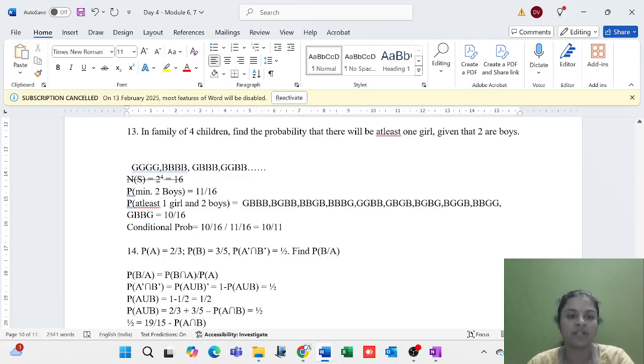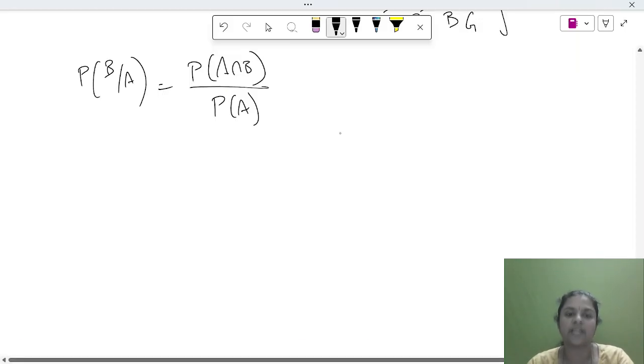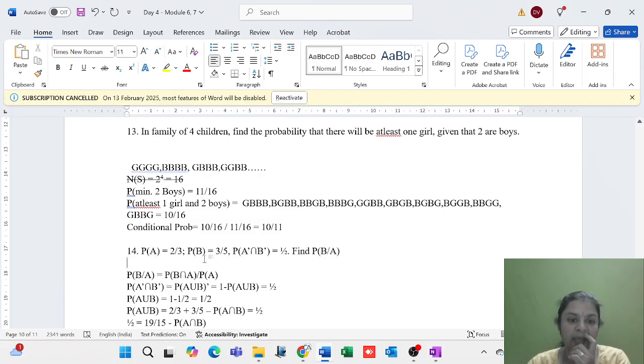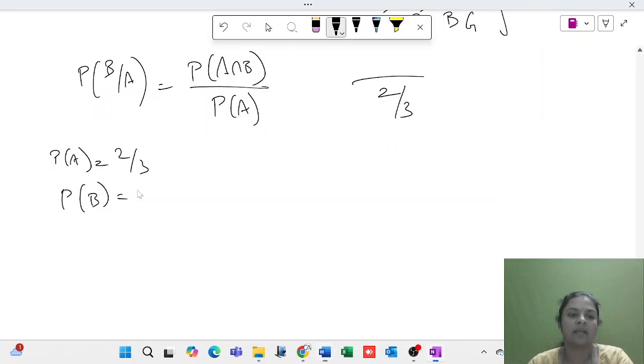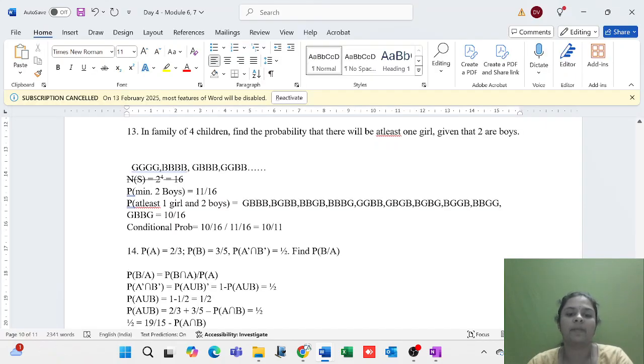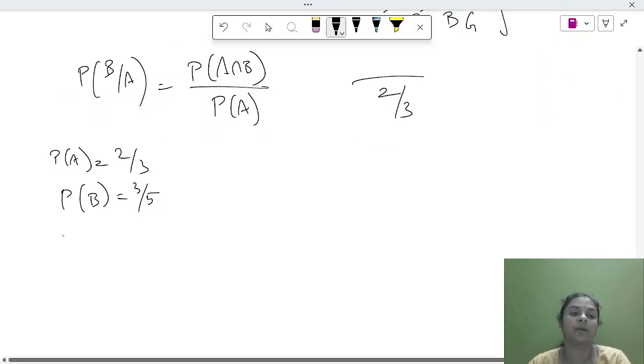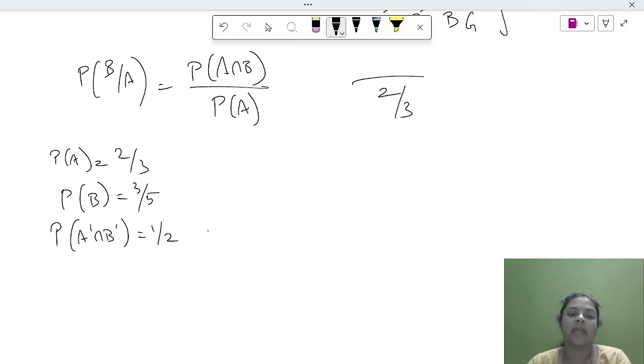Now what is the information available? P of A is given to us as 2 by 3. So in the denominator 2 by 3. Now we have P of A, P of B. So P of A is 2 by 3. P of B is given as 3 by 5. And P of A dash intersection B dash is 1 by 2. So A dash intersection B dash can be written as P of A union B the whole dash, which is 1 by 2.